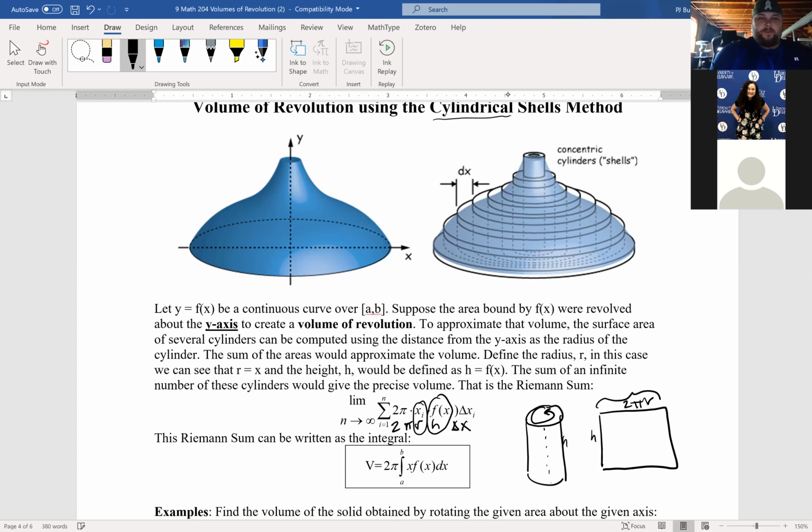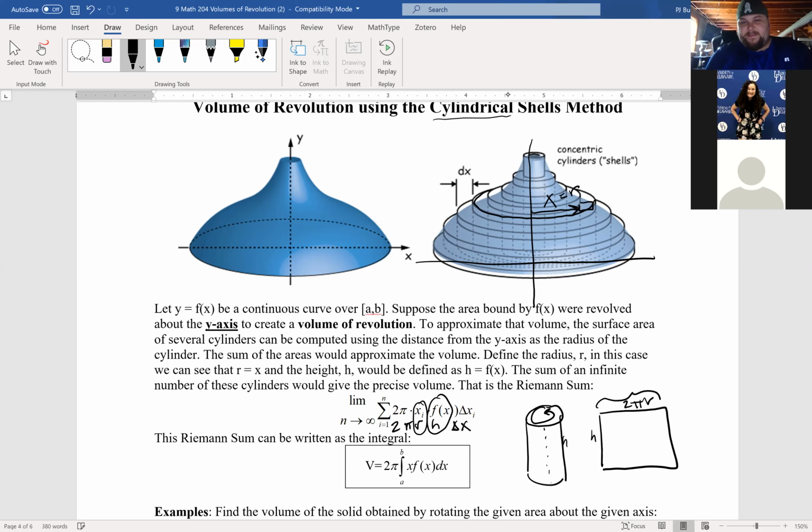So let me just draw on this screen here. Let's say we're using this cylindrical shell right here. The distance from the axis out to the slice of that shell is x or r in this case.